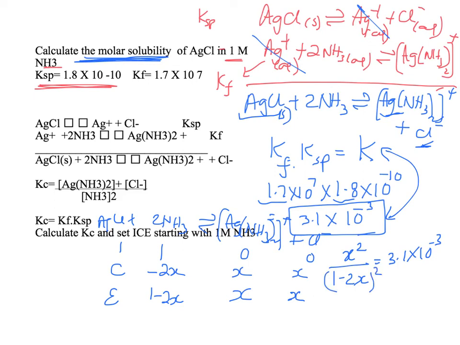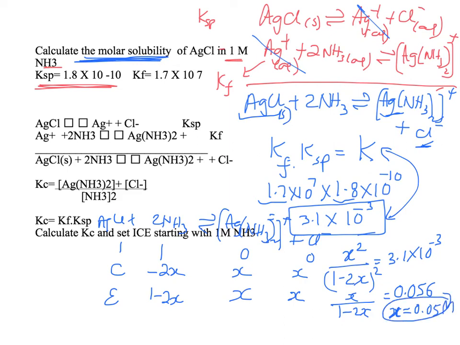this is a linear equation because both of these are squares, you should be able to determine x over 1 minus 2x is equal to 0.056, and when you solve for x, let me just punch in the numbers. I am getting 0.05.